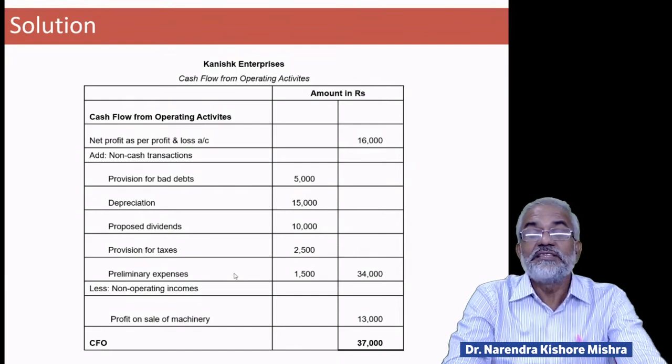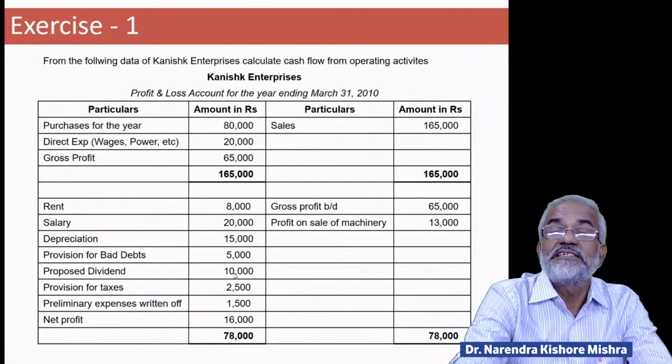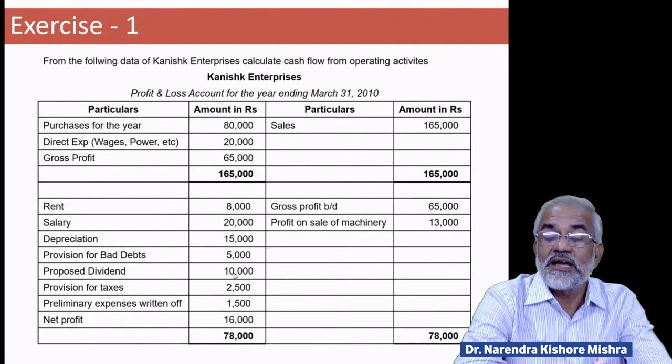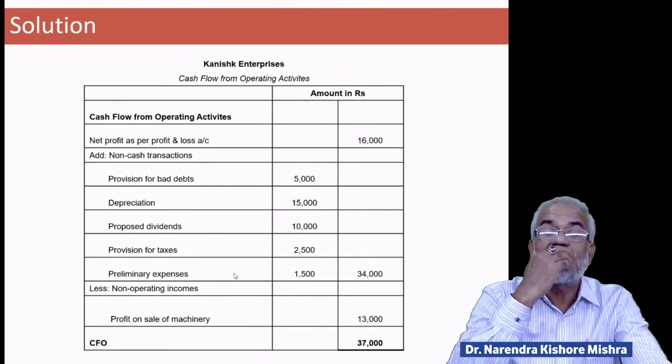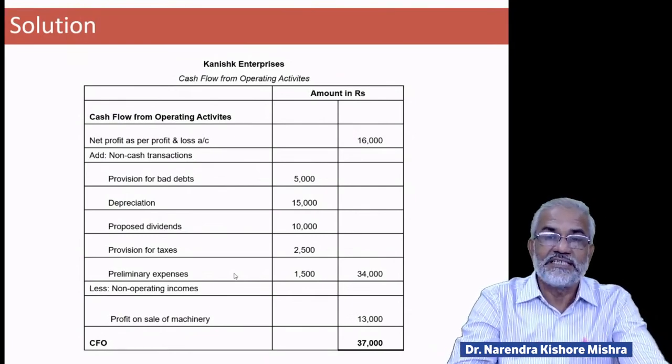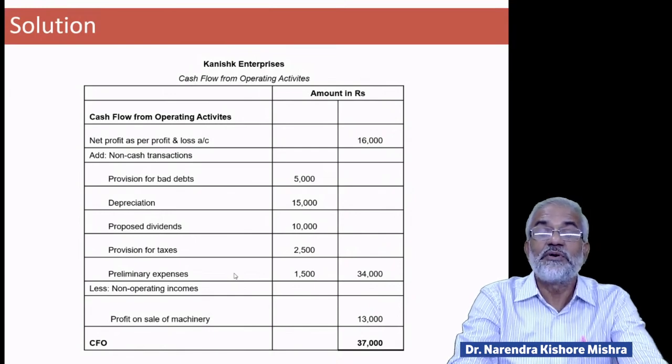There is another item on the credit side of the profit and loss account, that is the profit on sale of machinery, and the amount is 13,000. The profit on sale of machinery comes under investing activities and doesn't come under operating activities. That's why it has to be excluded from the cash from operation.